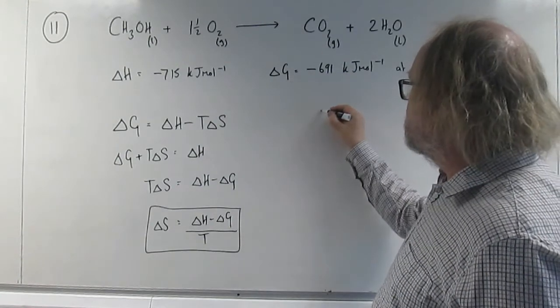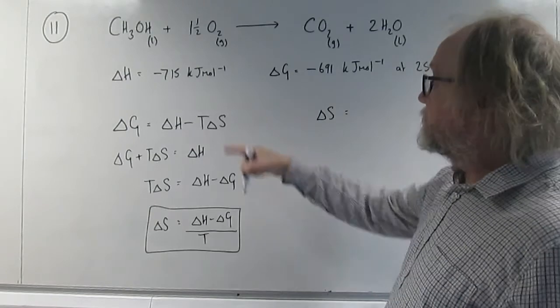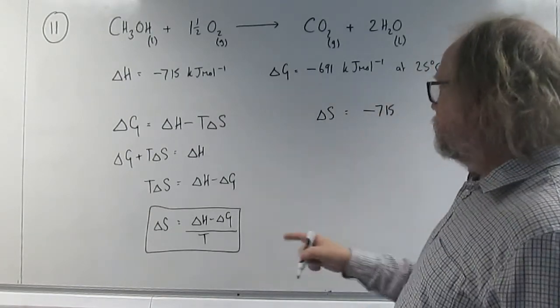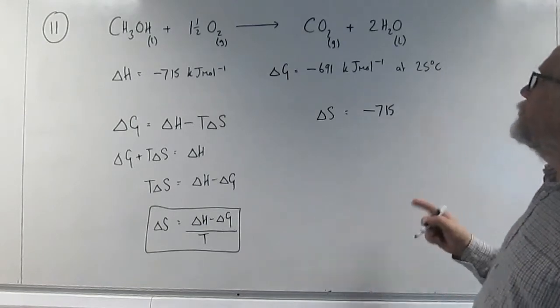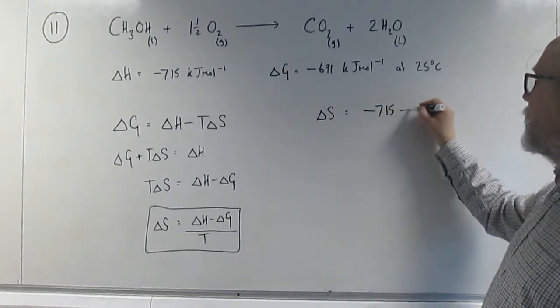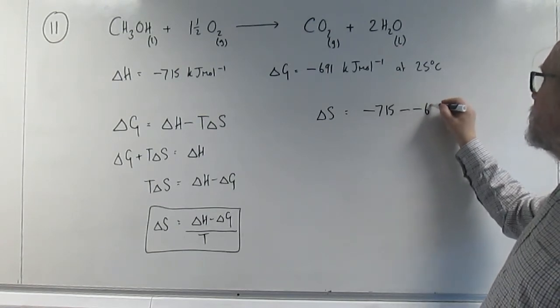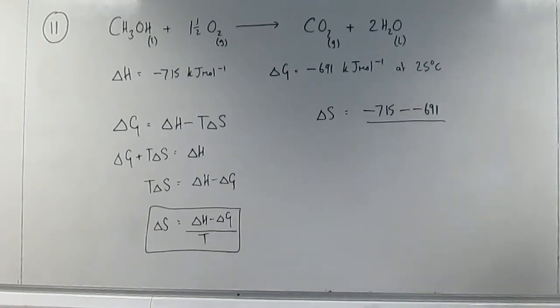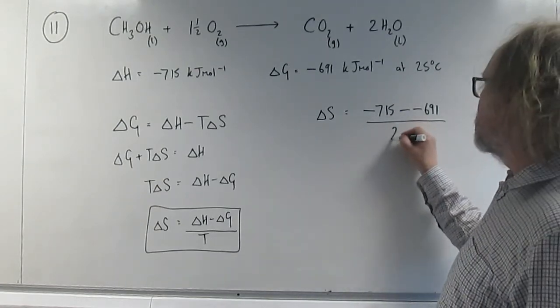So we've got that delta S is equal to delta H, which is minus 715, minus delta G. We've got to be careful here with the signs because delta G is a negative number, so it's minus minus 691, divided by T. T is 25 degrees C, so we have to add 273, which gives us 298.